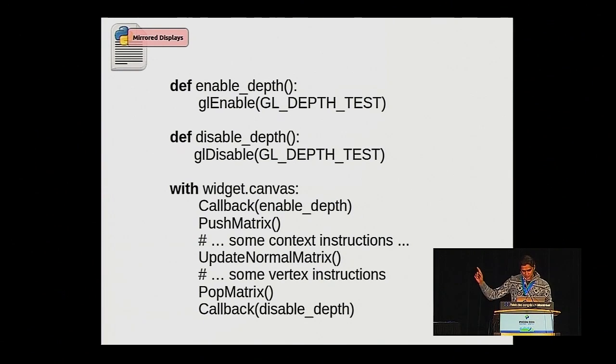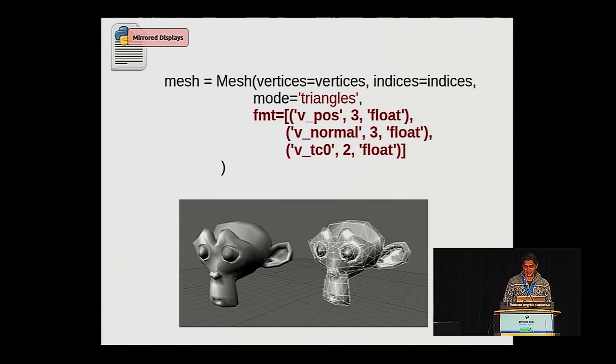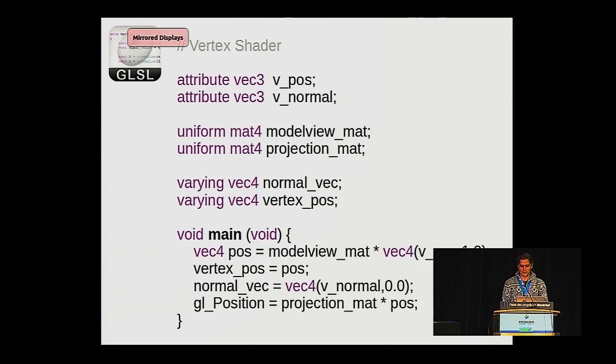And in the vertex instructions placed here, you may place some of your vertex instructions like mesh, for example, where you may specify vertices, indices, like in the OpenGL concept. And also you should specify the format, FMT, the format of the attribute variables which will be used in the shader, and I will show you here.